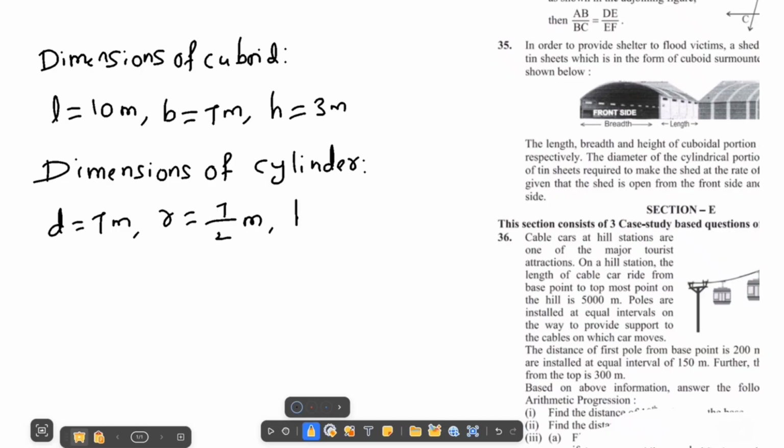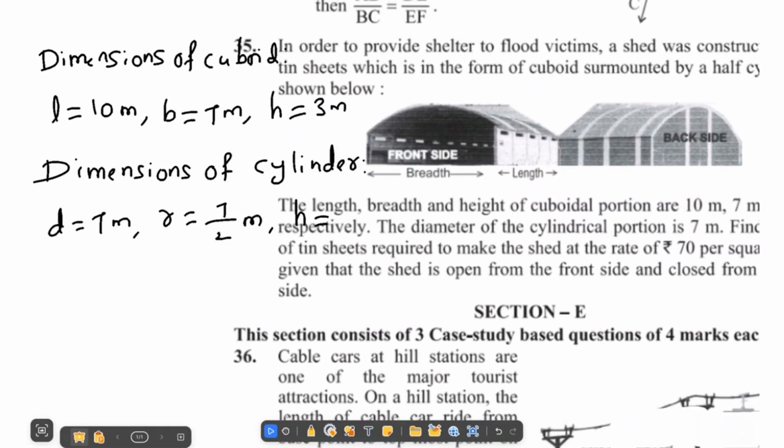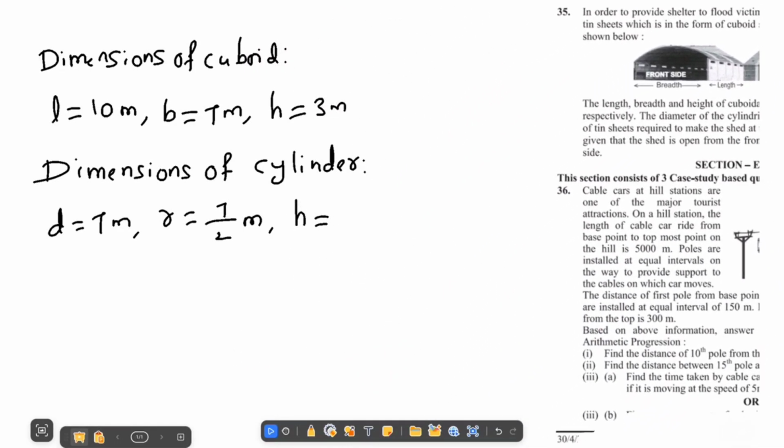The height of the cylinder is nothing but the length of the cuboid, which is 10 meters.